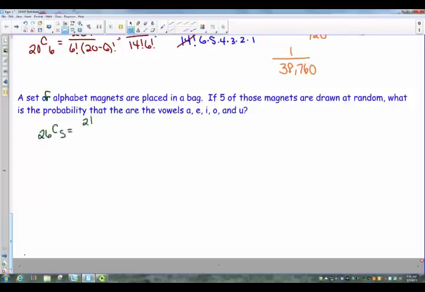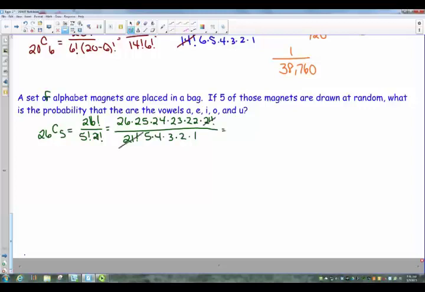So that's 26 factorial over 5 factorial, 26 minus 5, which is 21 factorial. So I got 26 times 25 times 24 times 23 times 22 times 21 factorial. In the denominator, I have 21 factorial, and then 5, 4, 3, 2, 1. Okay, so let's multiply.